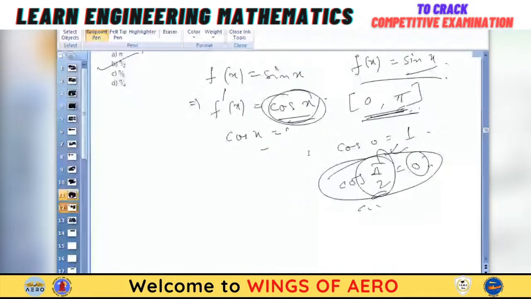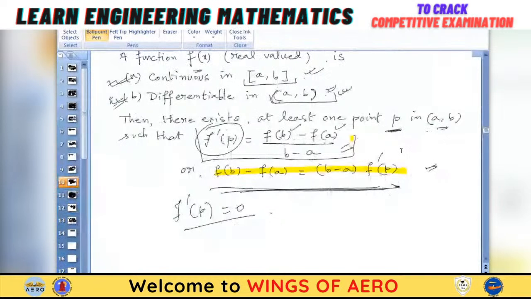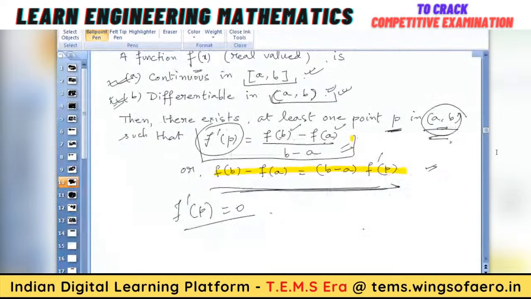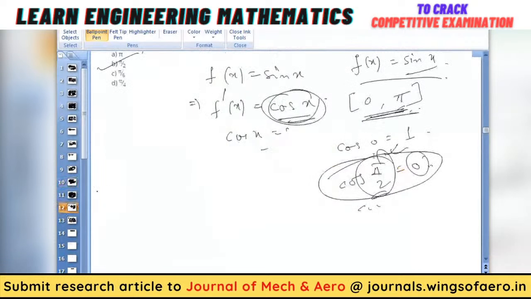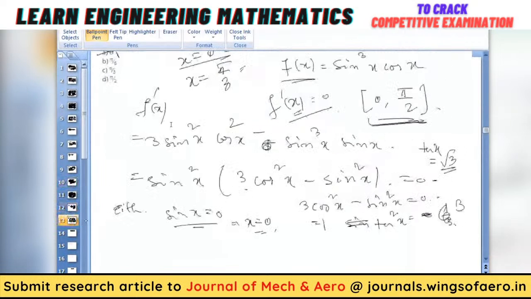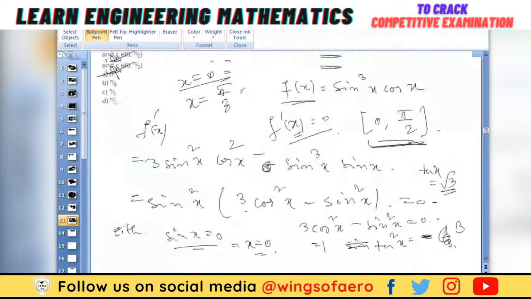At least one point P in the open interval AB, that is, the point should be in between this open interval. So we can't choose this 0 point because this is the open interval 0 comma pi by 2.